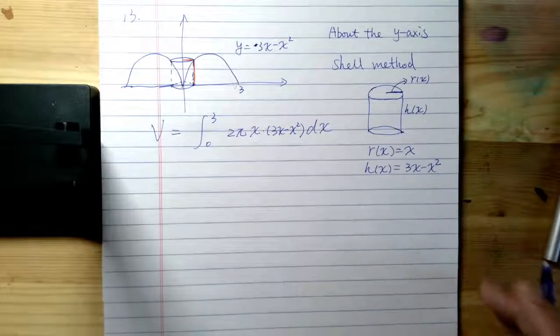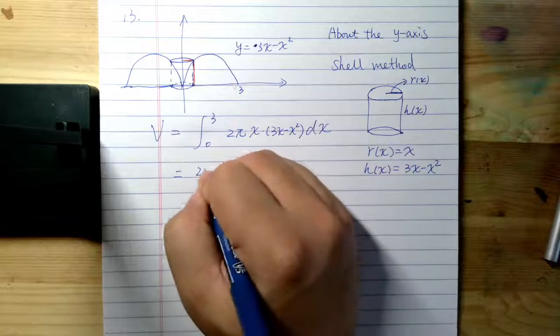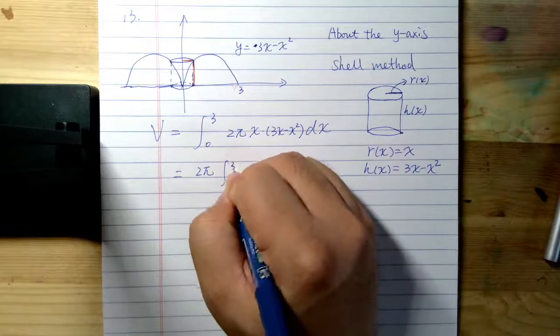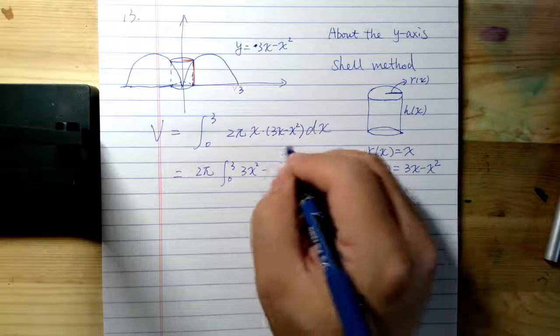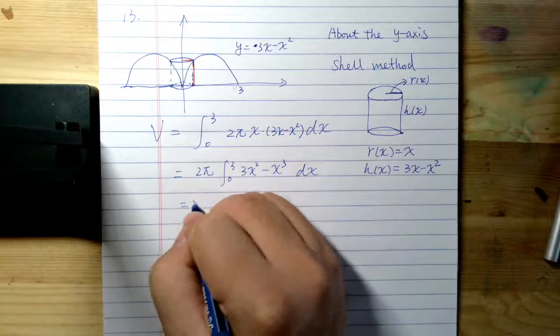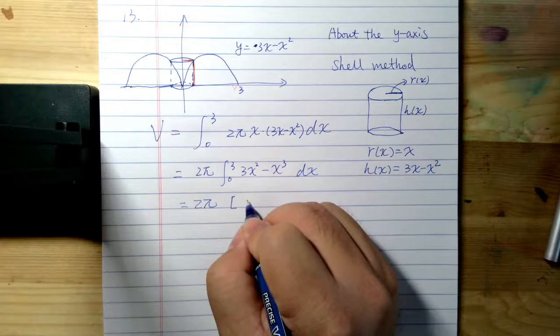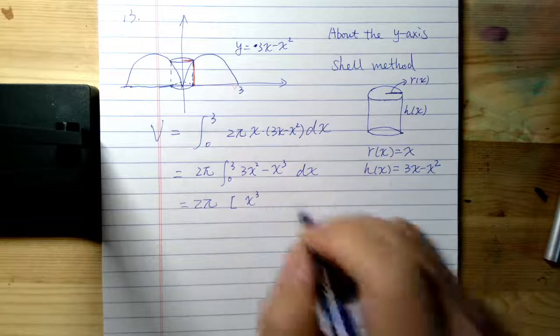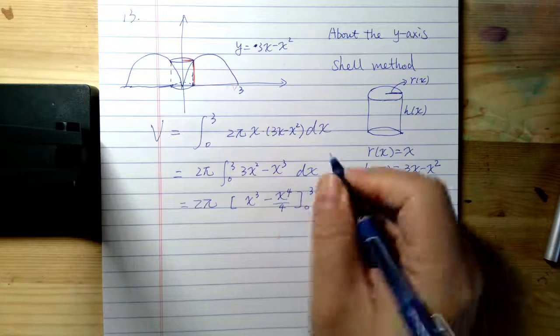The next step is just to evaluate this, a pretty standard thing. So it's 2 pi, I take it out, integral from 0 to 3 of 3x squared minus x cubed dx. And then it's 2 pi times x cubed minus x to the power 4 over 4, from 0 to 3.